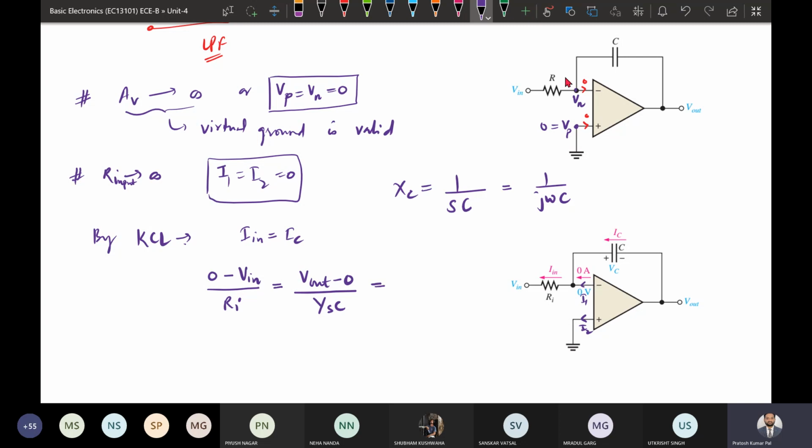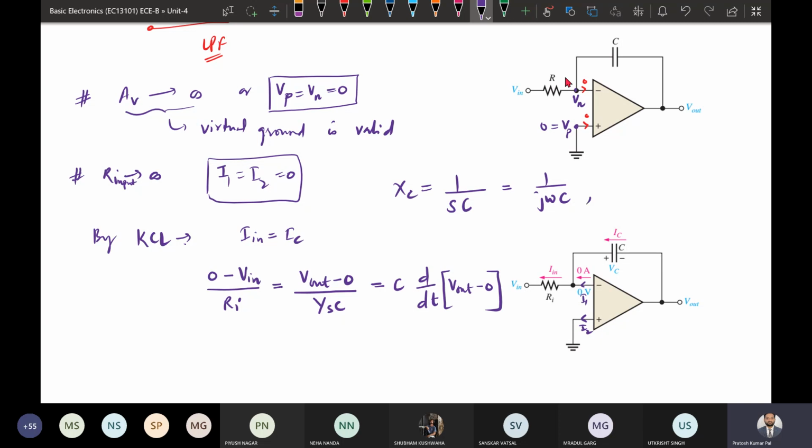Or this similar expression can be used, where we need to find out the current. Current in case of capacitance is given as C dV by dt into the difference of the voltage. The difference of voltage here will be V output minus 0. The current across a capacitor is given by C dV by dt, where V here is the voltage across this capacitor.